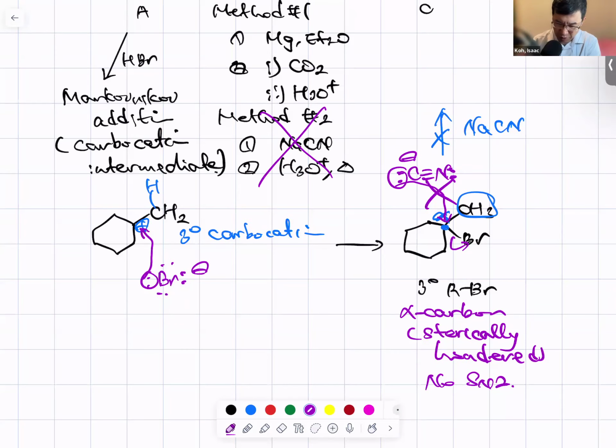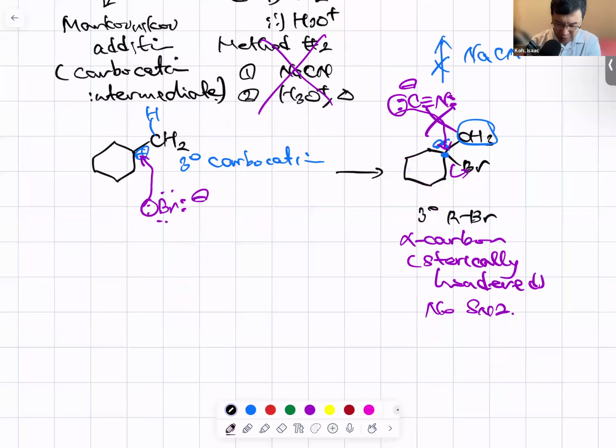Okay, let's do method 1 only. So here, this tertiary alkyl halide, let's treat this one with magnesium metal in diethyl ether solvent.